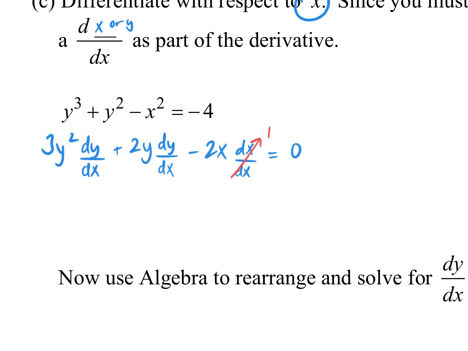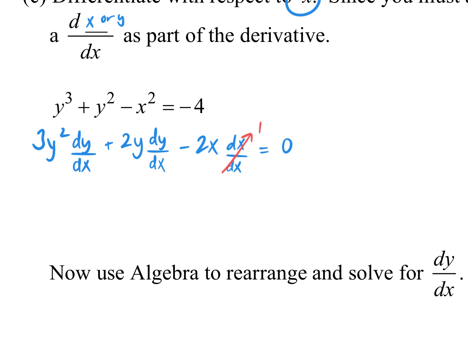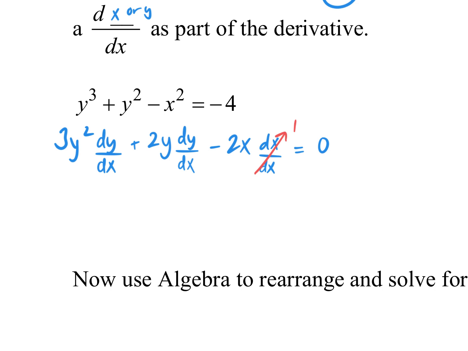So now underneath it, it says to use algebra skills to rearrange to solve for dy dx. Okay, so if I am trying to solve for dy dx, that means I am trying to isolate these two things right here. How am I going to do that? Add 2x to both sides. So let's rewrite this as 3y squared dy dx plus 2y dy dx equals 2x.